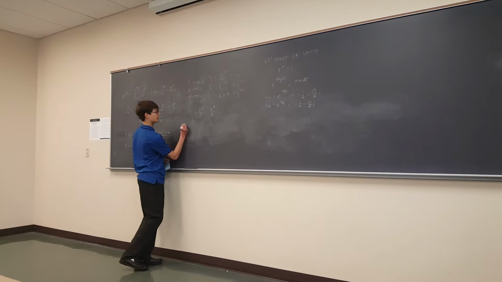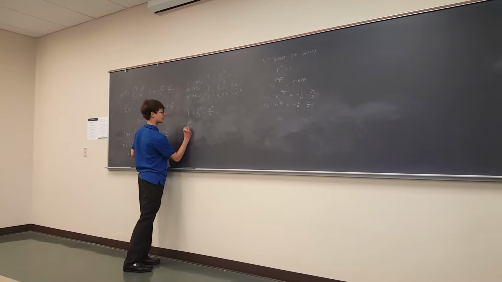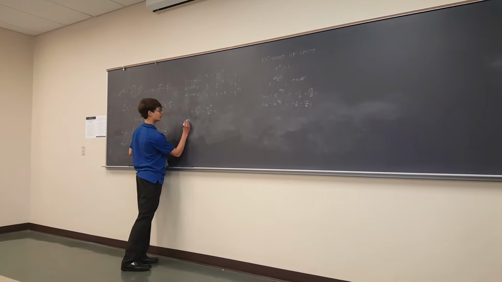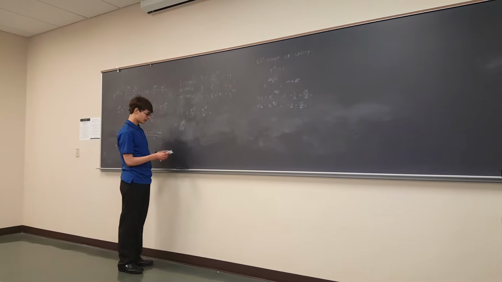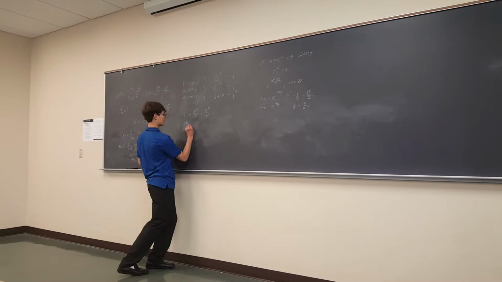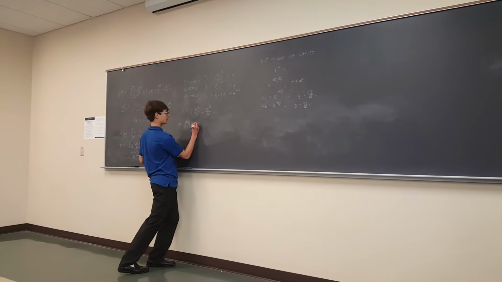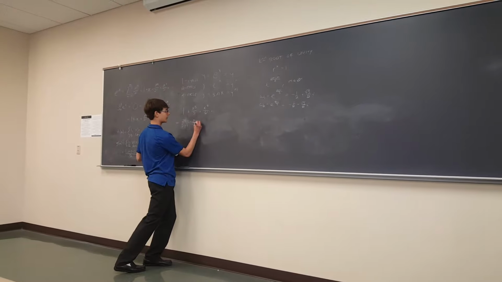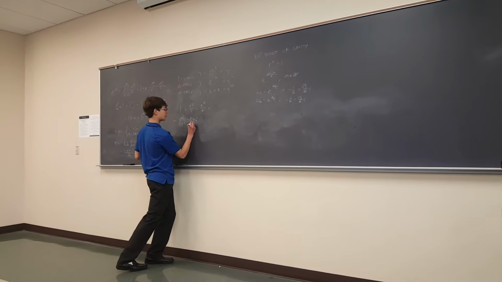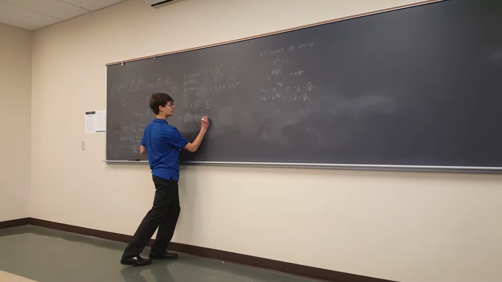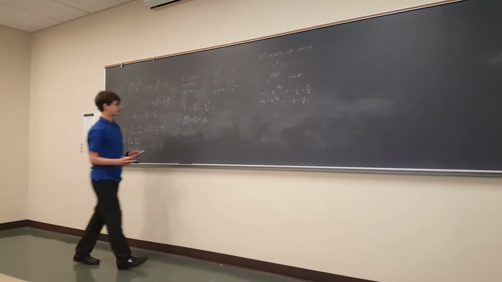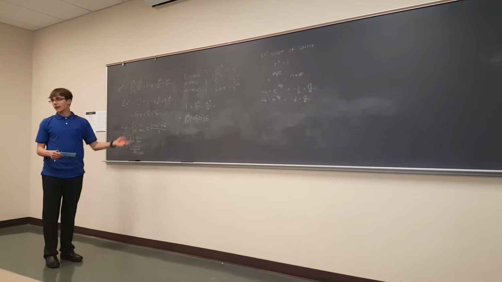So this equals the sum n from 0 to infinity of 1 plus omega 1 to the n plus omega 2 to the n, all over 3, times x to the n over n factorial. And we can clean this up a bit.